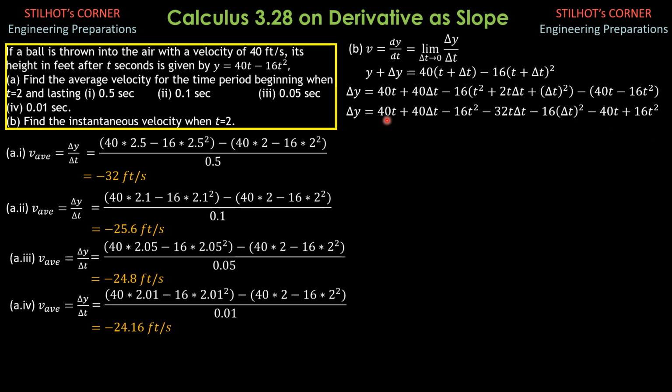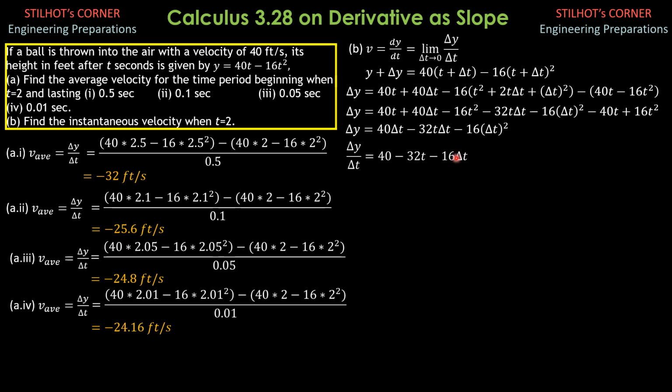So we can cancel 40t and minus 40t, and negative 16t squared and 16t squared. So delta y equals 40 delta t minus 32t delta t minus 16 delta t squared. Then we divide delta y by delta t. So delta y over delta t is 40 minus 32t minus 16 delta t.